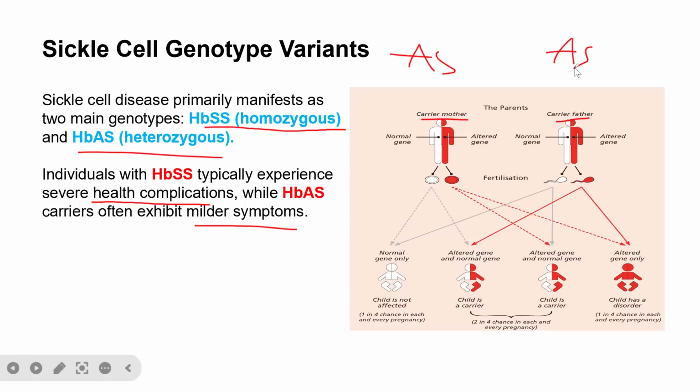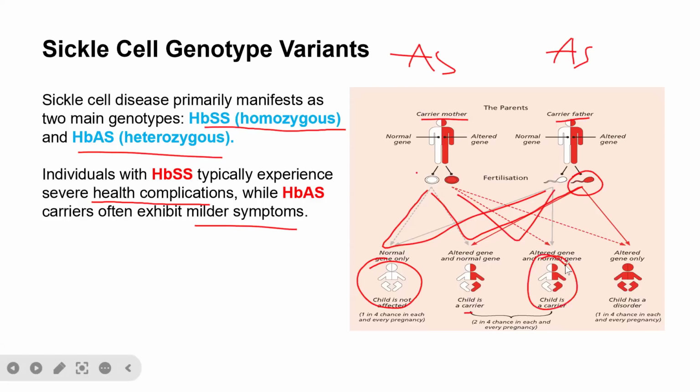So what happens? When a normal A crosses with another normal A, it gives a normal gene, so this child is going to be normal. While when the normal A here crosses with the S here, it means the child is going to be a carrier. And this one and this one are also going to be carriers.